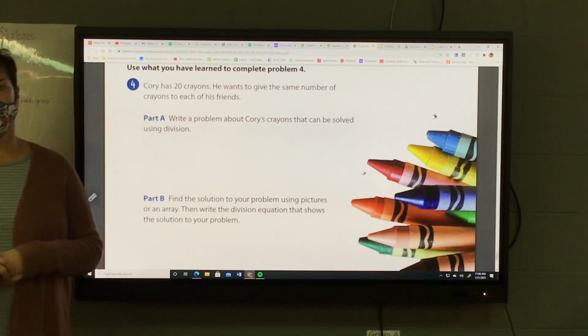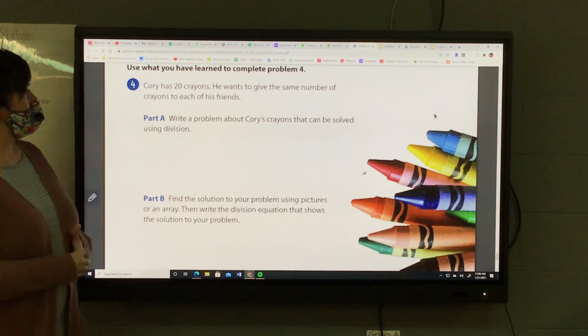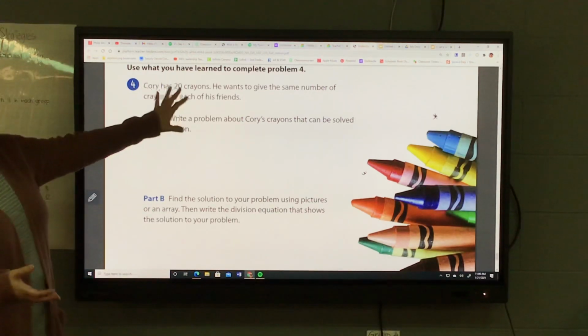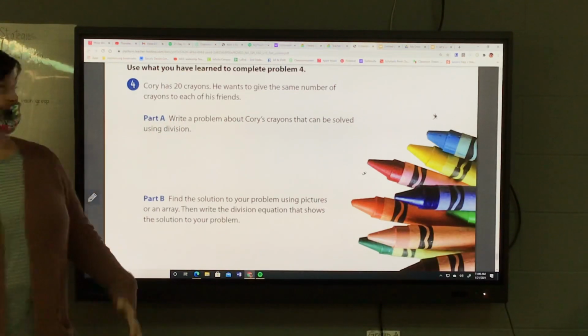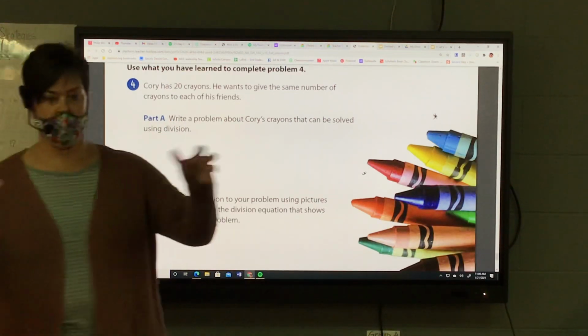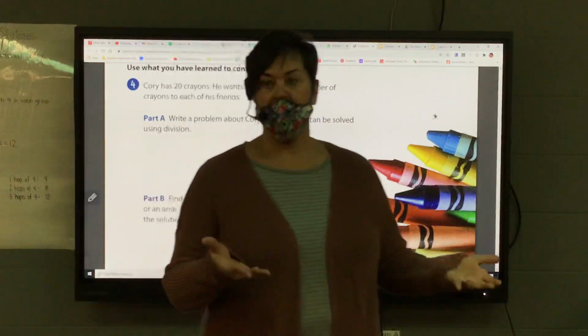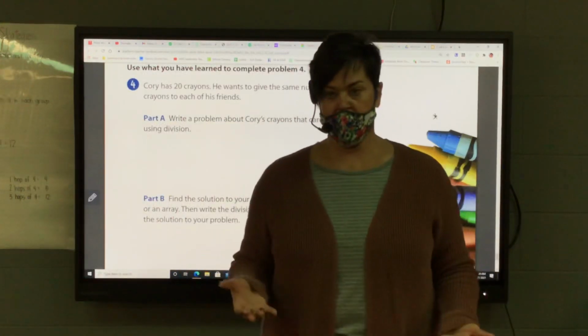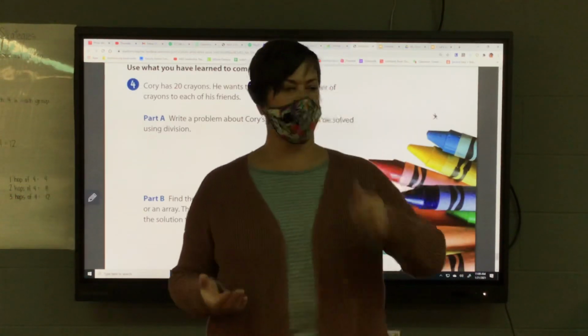Now, first thing that we're doing is we're going to write a problem about Corey and his crayons and how he wants to split them up evenly, equally among his friends. How could we start that out?